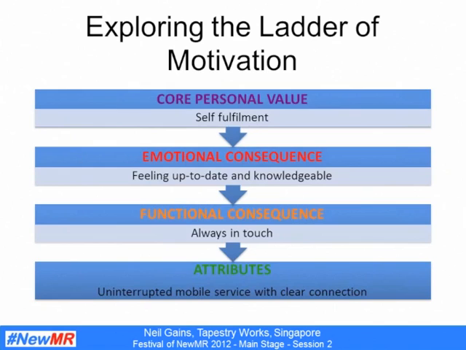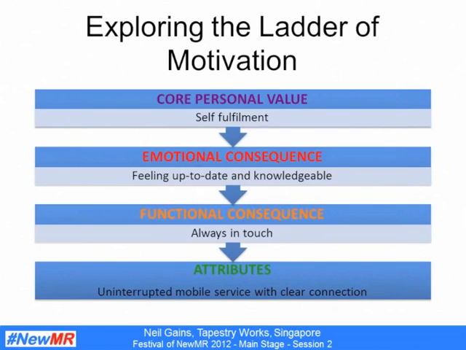And you can see that in this example of what I call the ladder of motivation, where if you talk to consumers long enough and let them elaborate and explain the reasons behind some of the things they say, you start to understand that although mobile service is important, particularly they complain a lot about when it gets interrupted or when the connection is not clear, the reason for that is because they want to keep in touch always, and actually the reason driving that is they want to feel up to date and knowledgeable.